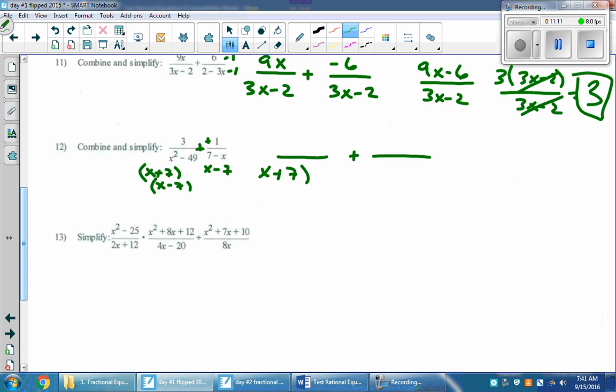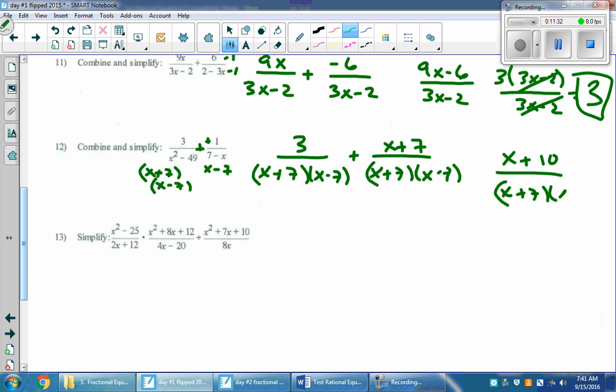Look at the first fraction. Nothing changed, so the top stays the same. Bottom, I went from x minus 7 to x minus 7, x plus 7. I have to multiply the top by x plus 7. And then together, I get x plus 10 over x plus 7, x minus 7. Nothing cancels. That is my answer.